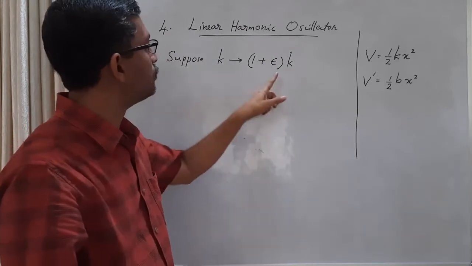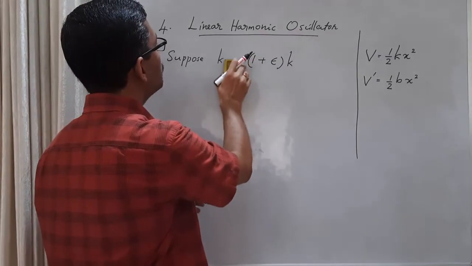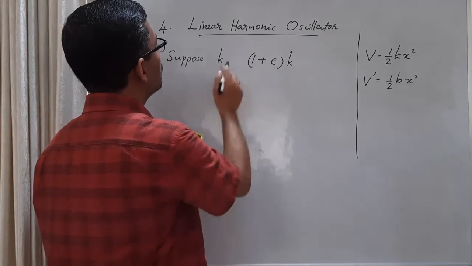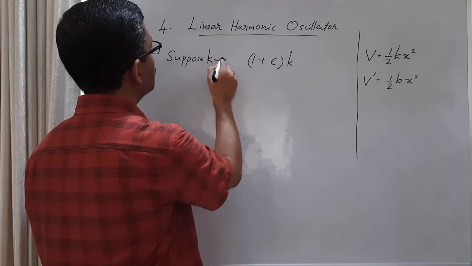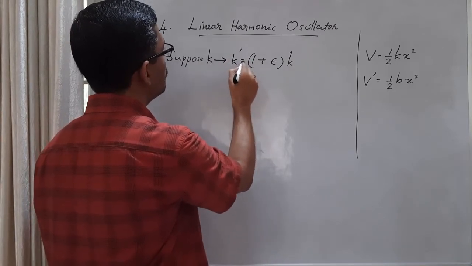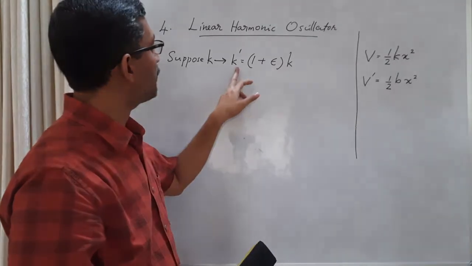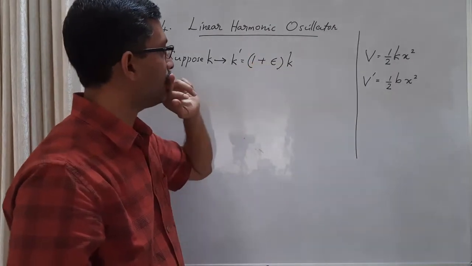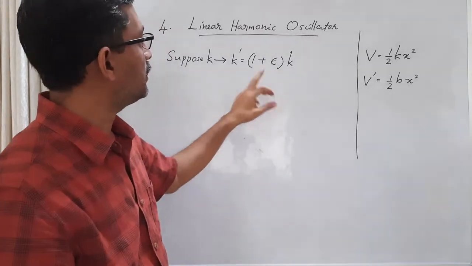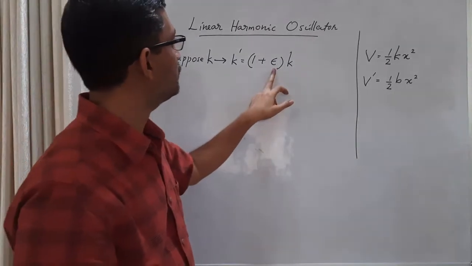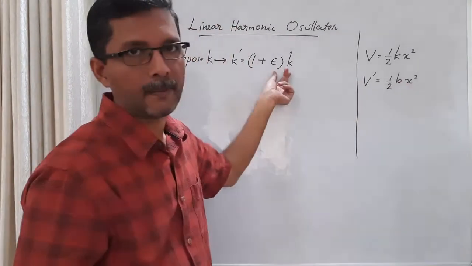So k changes to k prime, which is equal to 1 plus epsilon times k. So you can say k prime is equal to k plus epsilon k. You can see that this b is nothing but epsilon k.